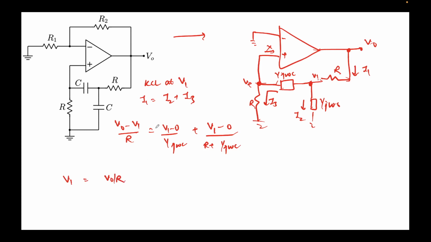V0 by R, right? And you take this term here, so it will be 1 by R plus 1 upon j omega c. Sorry, it will be 1 over 1 over j omega c, because that's the thing over here.